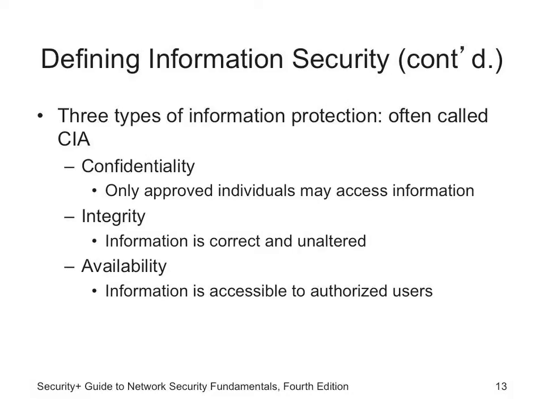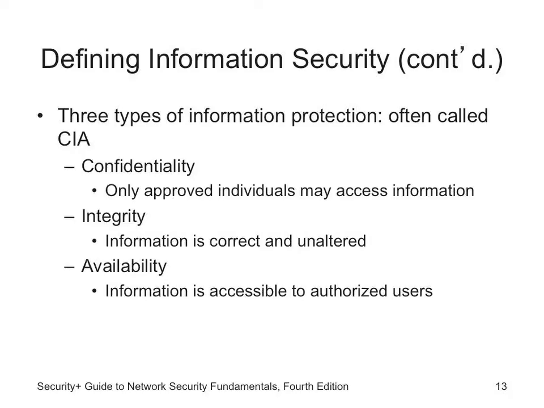The goal is, if we increase confidentiality, we're going to have to change availability, and we're going to have to change integrity. So we have to keep them all equal and keep them all under the same level of protection.